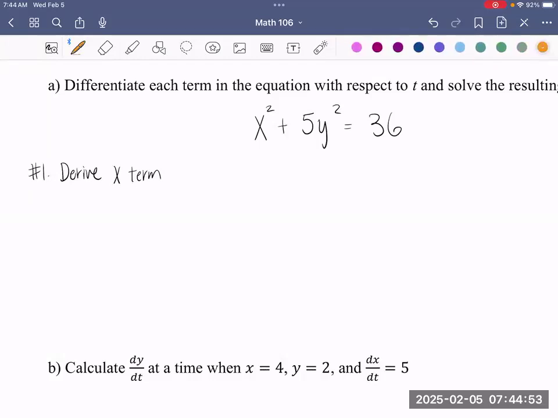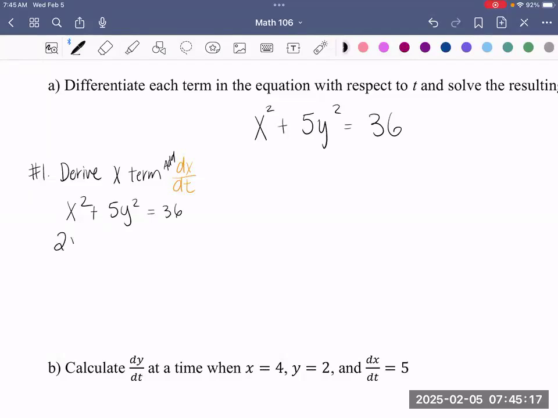We typically added dy/dx to your y term, but when it comes to deriving your x term, we're going to derive and then add dx/dt. So if we look at x squared plus 5y squared is equal to 36, when we derive your x, we should get 2x. When you finish deriving, we're going to add dx/dt.